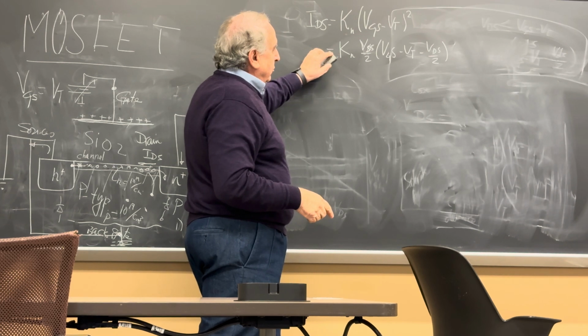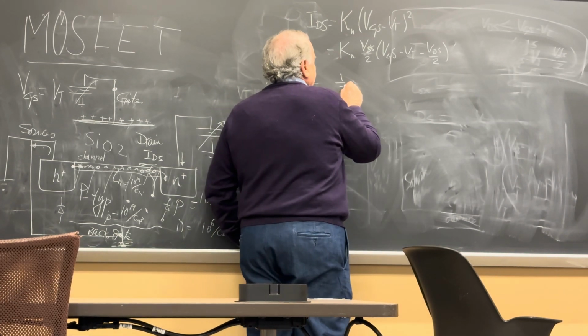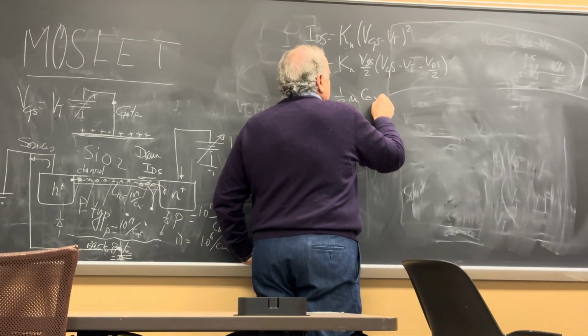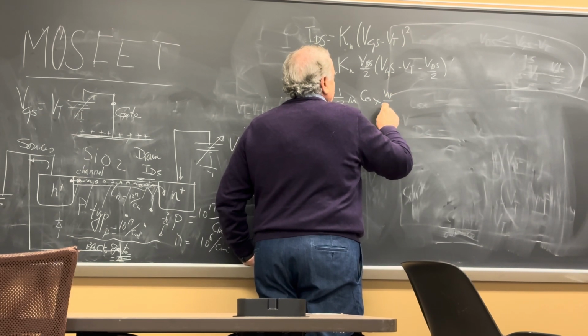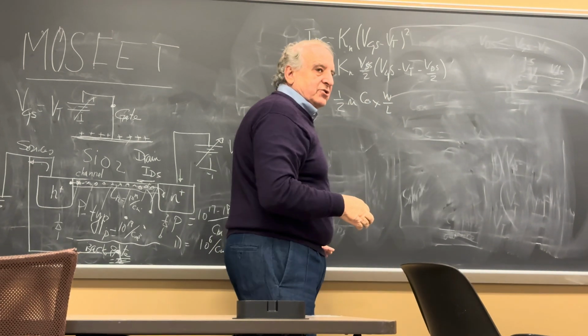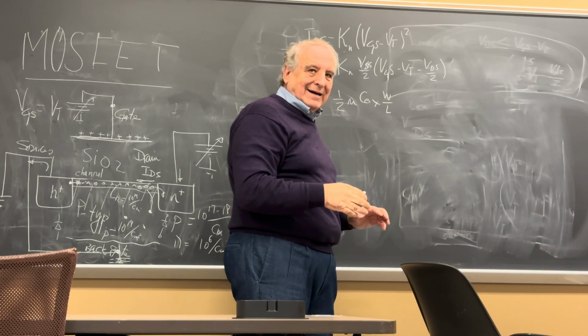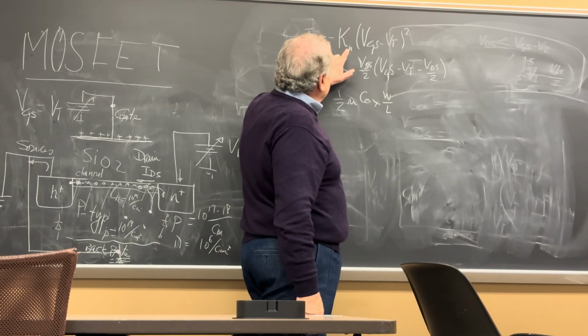Kn is equal to one half mu Cox W over L. Those don't make any sense to you right now, but watch where we're going.